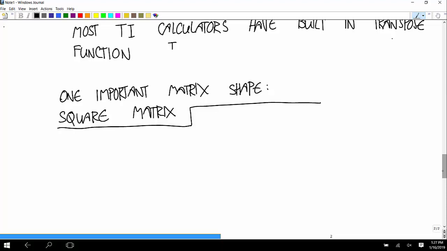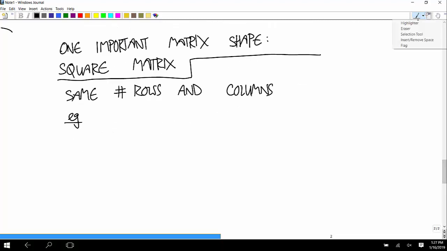It probably means just what you think. Exactly, same number of rows as columns. So for example, let's say 1, 2, 3, 4, 5, 6, 7, 8, 9.